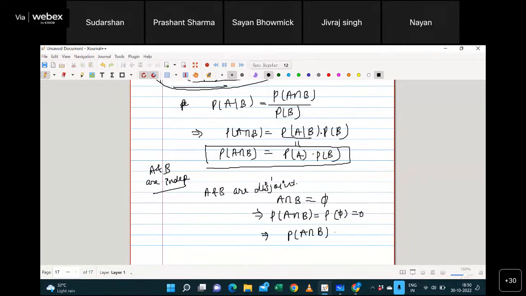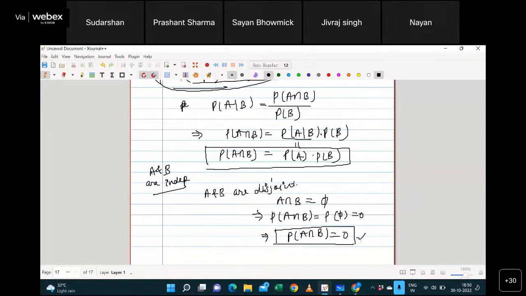So this is the very basic difference between independent and disjoint events. Intersection of disjoint events will be 0, and intersection of independent events is the multiplication of individual probabilities. So be clear with these two.